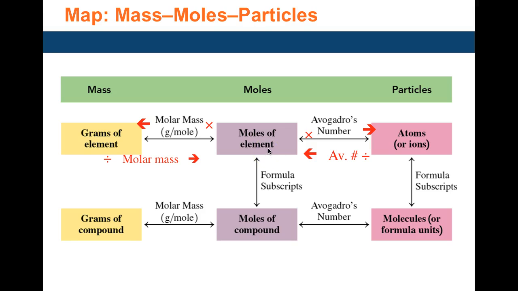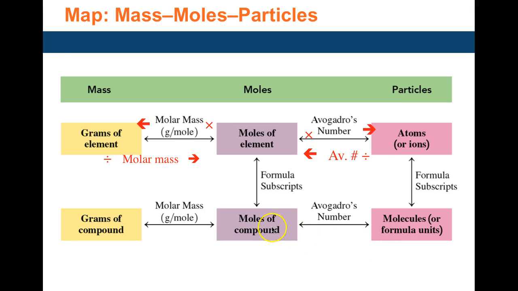If you want to know the moles of the compound, look at the formula subscripts and add the individual moles of the elements making the compound. Again, if you want to know the number of atoms in a molecule, look at the formula subscripts and that will tell you the number of molecules or formula units in an ionic compound.